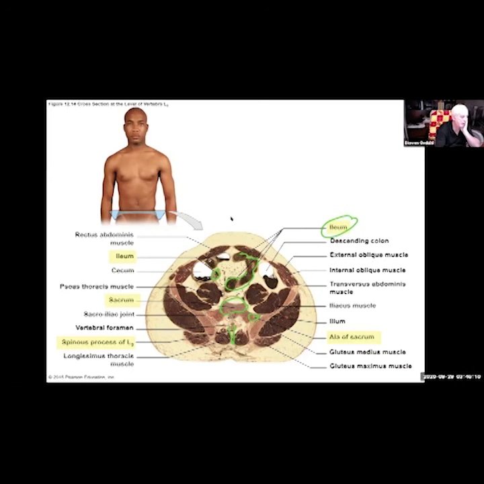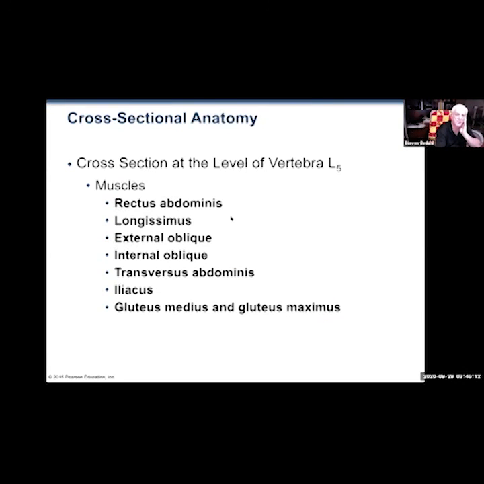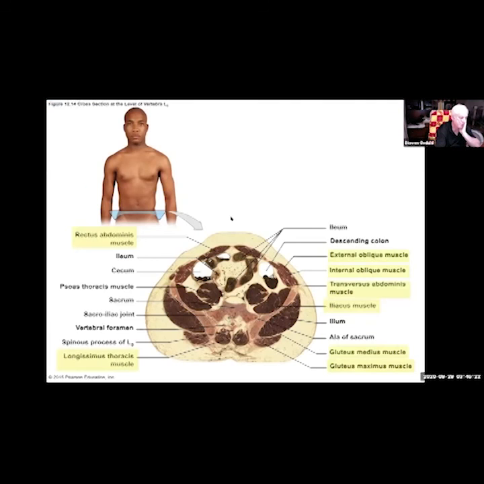Okay. And at that level, you also have the rectus abdominis, longissimus, external oblique, internal oblique muscles, transverse abdominis, iliacus, and the gluteus medius and the gluteus maximus muscle. So here are your external oblique muscles and your internal oblique muscles. These are the external, these are the internal. You have the transverse abdominis muscles, which run there.